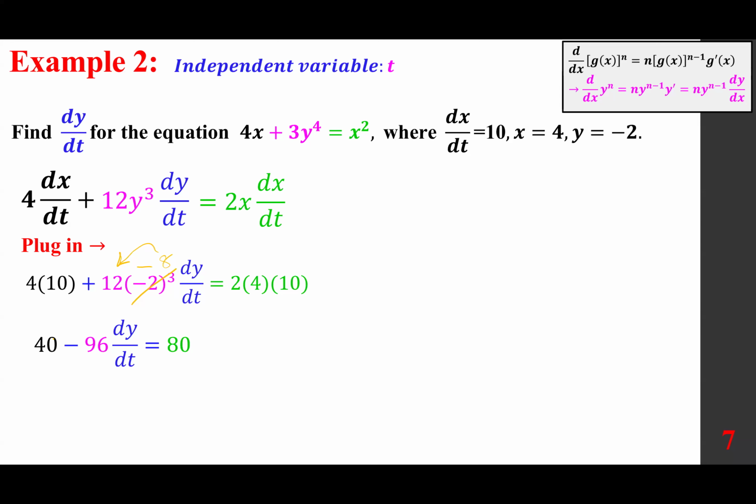We move the 40, subtract it from 80. We get negative 96 dy/dt equals 40. Divide both sides by the coefficient of dy/dt. So you get 40 over minus 96. And you simplify, they are both divisible by 8. dy/dt becomes negative 5 over 12.